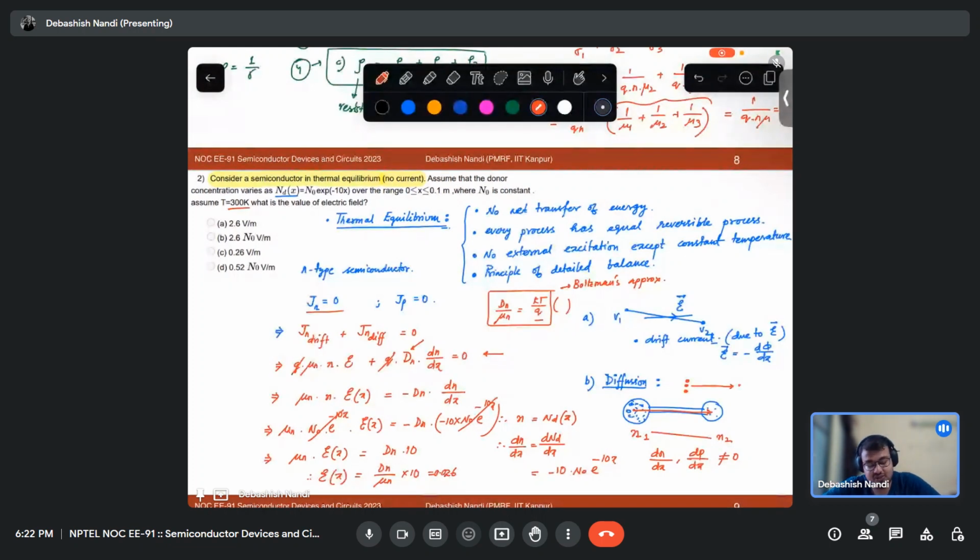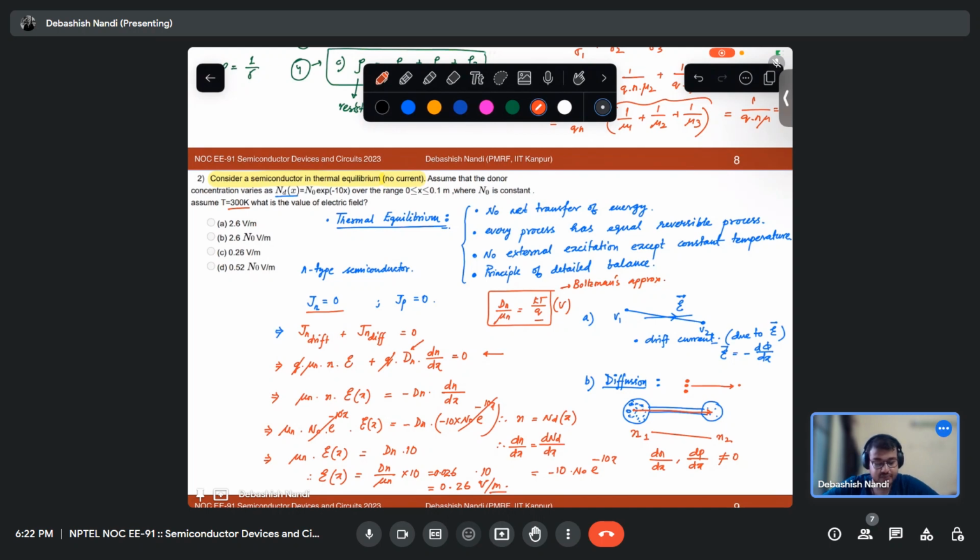At the first slide I asked this question. It will be volt. So volt into 10. Okay, so your answer would be 0.26 volt per meter, because all we have done is in SI units. Fine.